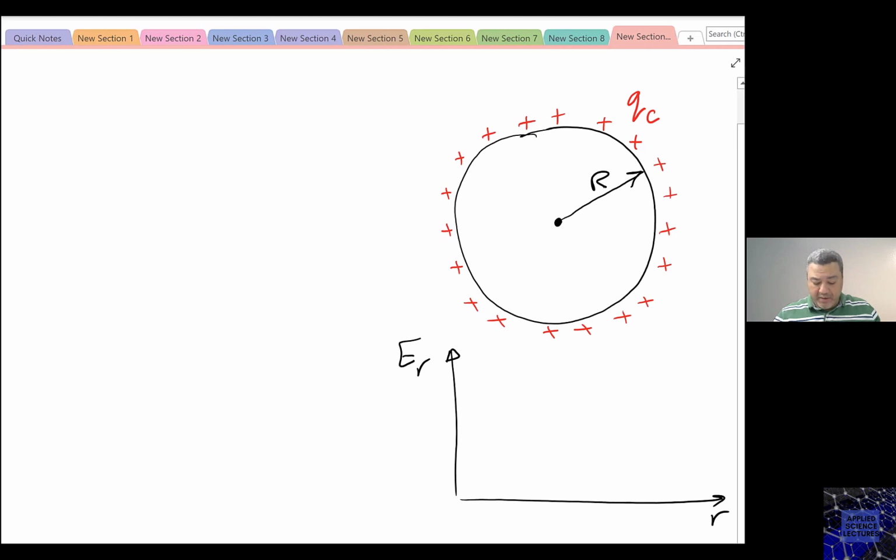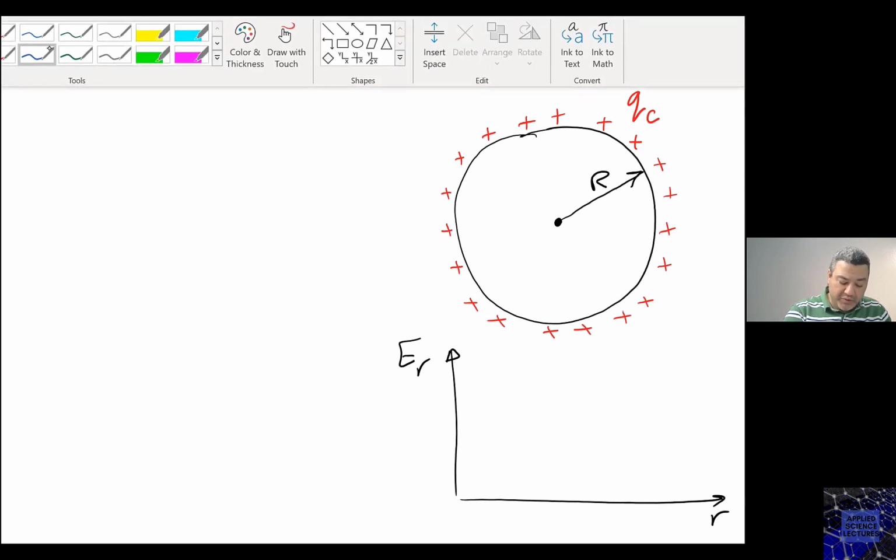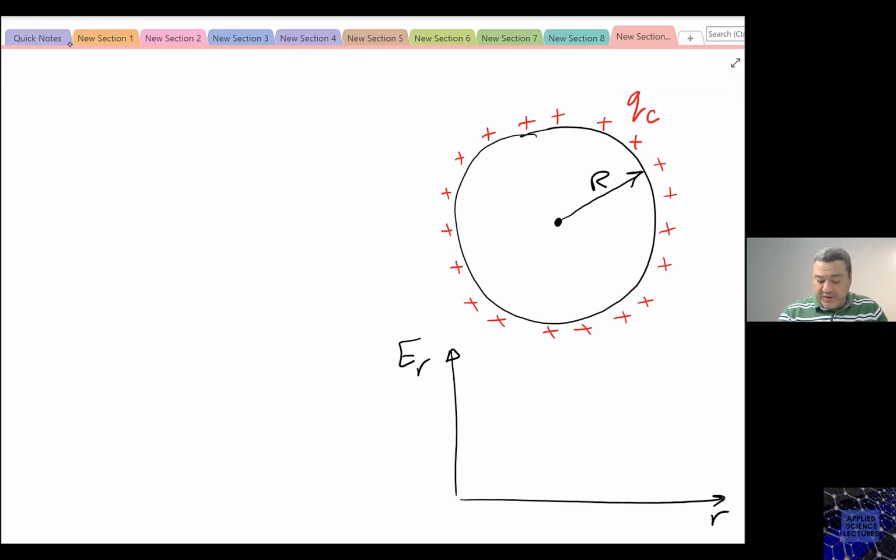Then we need to pick or draw a Gaussian surface. For this spherical conductor, we have two important regions: region number 1, which is inside the conductor, and region number 2, which is outside the conductor.